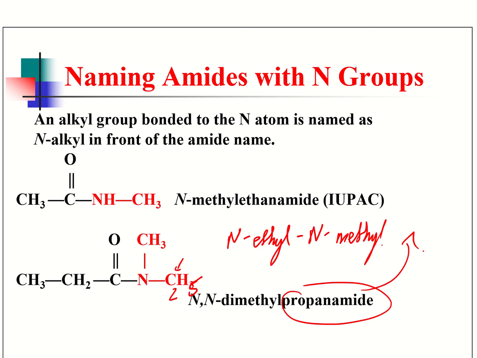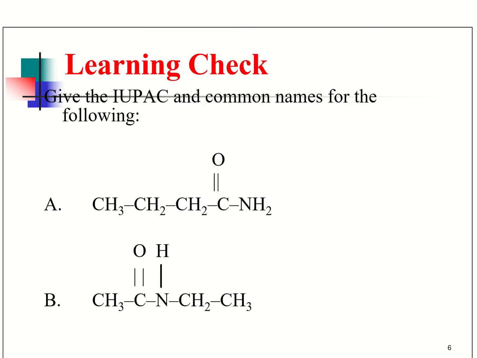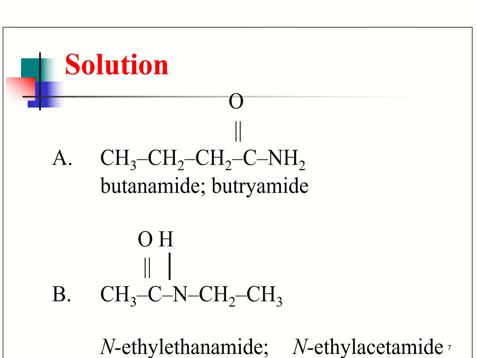Very simple. Hopefully you get the idea. There's a couple for you to try. Give the IUPAC names of those. Pause the video and then I'll put them up. The first one is simply butanamide, and the second one is N-ethyl ethanamide. So this will be the way in which we will name them.